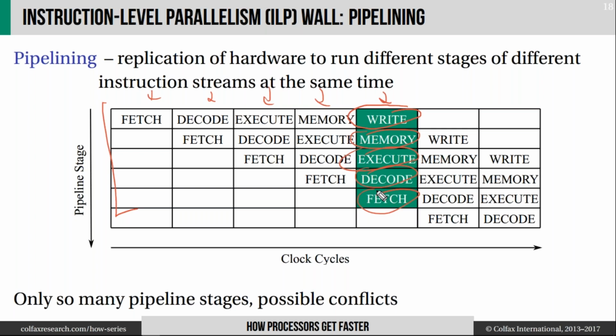Well, not much, because pipelining is done on the processor level automatically. You don't need to do anything to take advantage of it. At the same time, there's only so many possible pipeline stages, and there are possible conflicts between instructions. Not all instructions can be executed concurrently. So pipelining is largely at its limit with the modern processor technology.